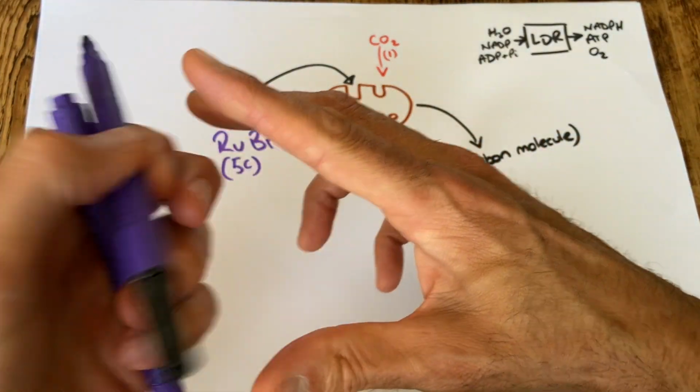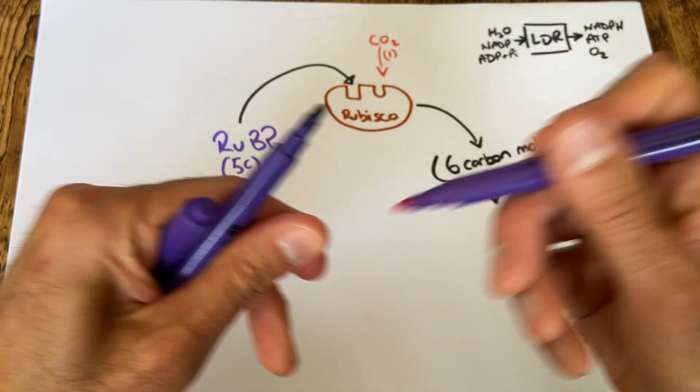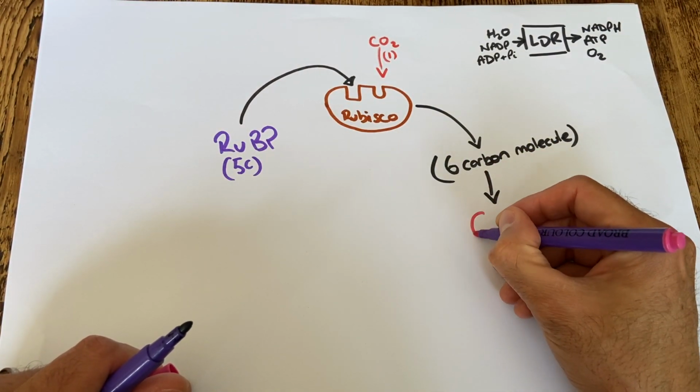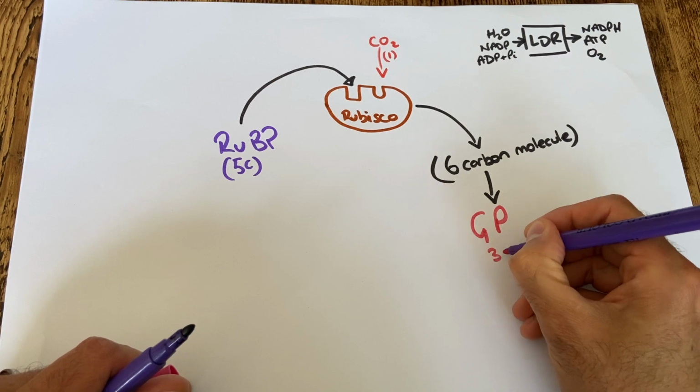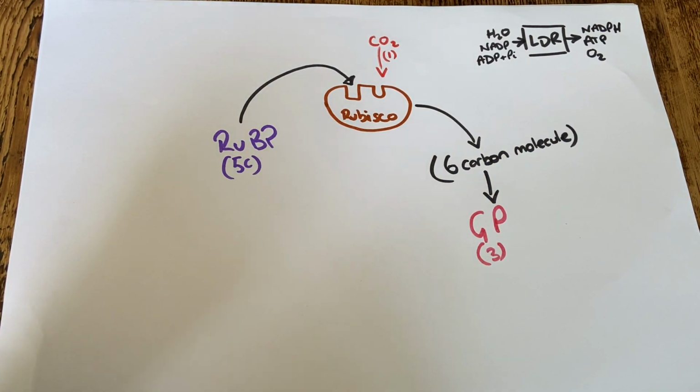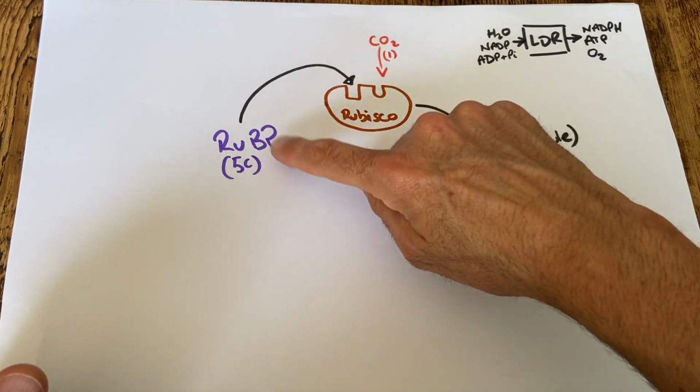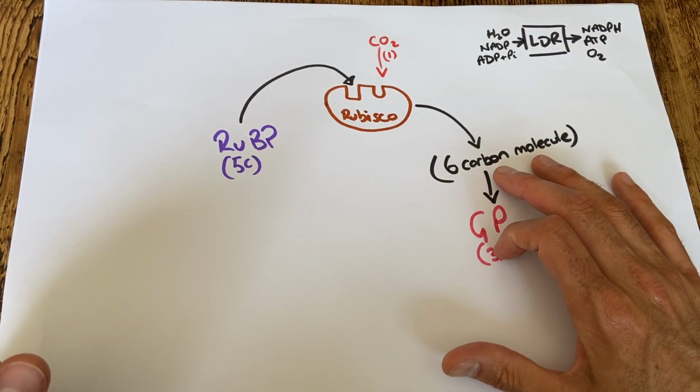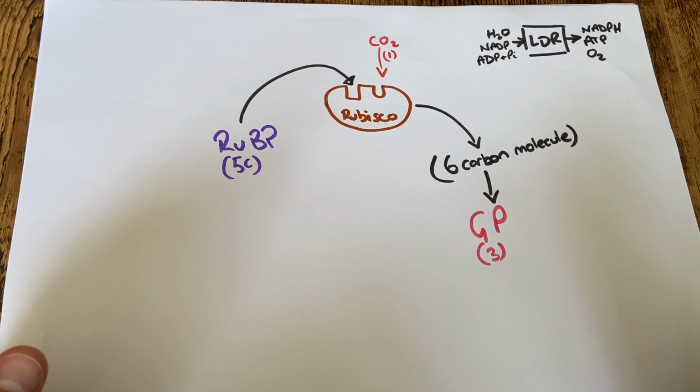that will go through and produce some GP, a 3-carbon molecule. So GP is going to be produced. Glycerate phosphate, or glycerate 3-phosphate. You can reference it as GP. Very, very rarely would you be penalised for writing down RuBP and GP, the summative version of their names.